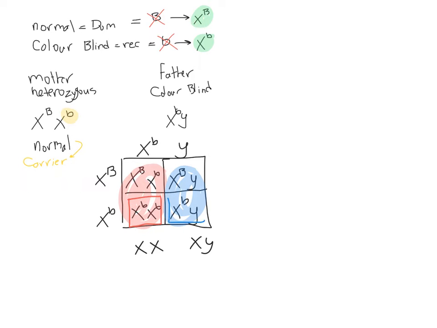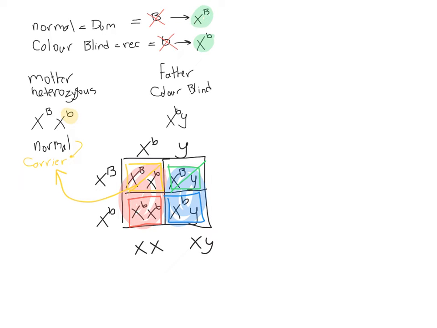And this individual is colorblind because he has one X chromosome which also has that b. Now, this individual is not colorblind because he's got a capital B, which is dominant and stands for normal. And this individual is not colorblind because, again, she has a capital B, which stands for normal. However, she is a carrier.